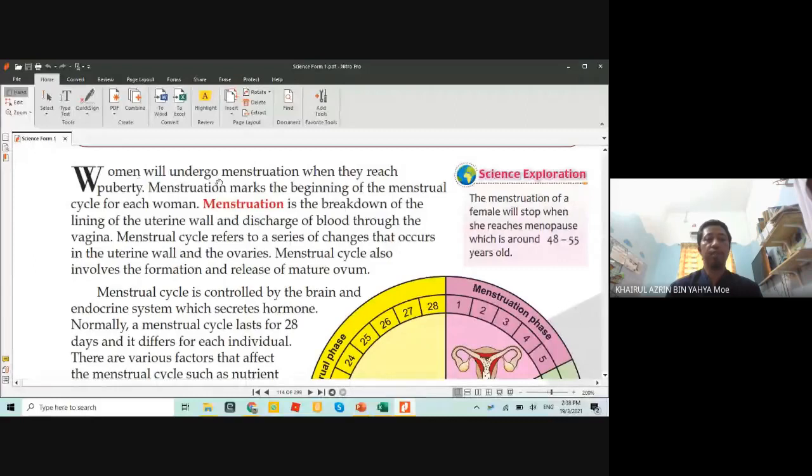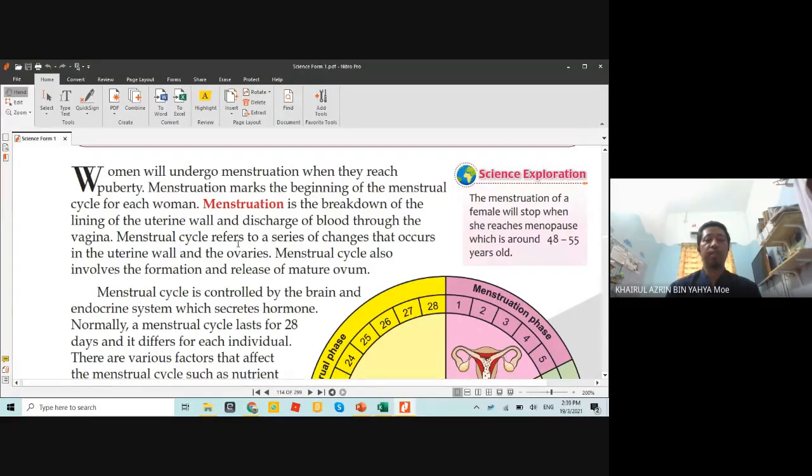Women will undergo menstruation when they reach puberty. We learned puberty in 4.2 already. Menstruation marks the beginning of the menstrual cycle for each woman. Menstruation is the breakdown of the lining of the uterine wall and discharge of blood through the vagina.